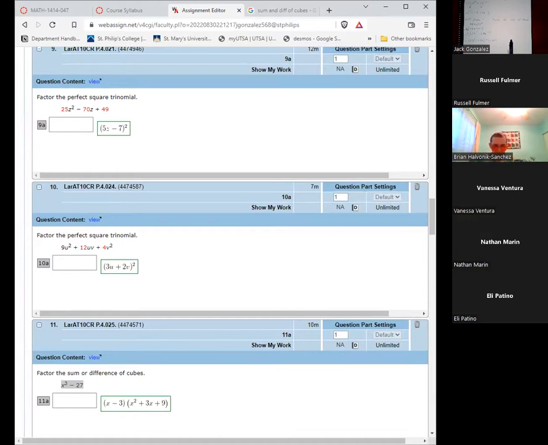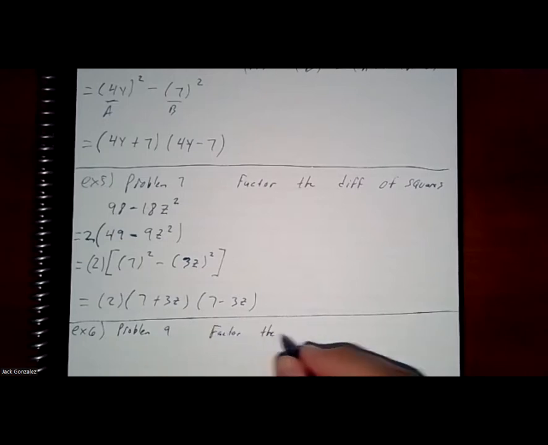Let's do 9, I guess. 25z squared minus 70z plus 49.